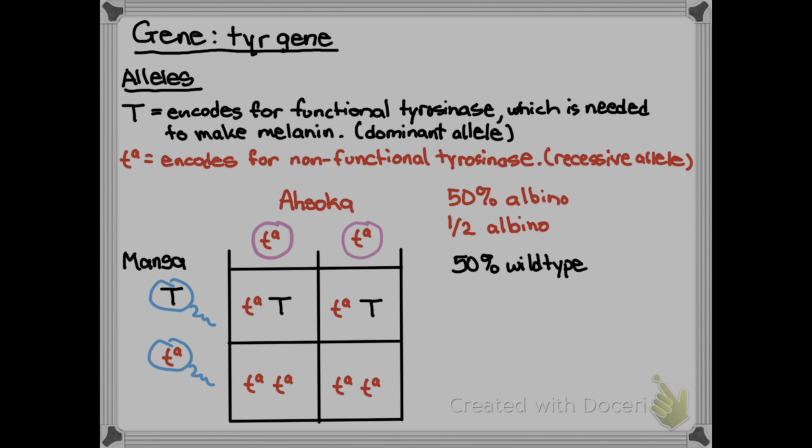And then the other 50% of the offspring would be wild type, or half of them we would expect to be wild type. And those individuals would be heterozygous for the TYR gene. We would also refer to those as carriers of the albino trait.